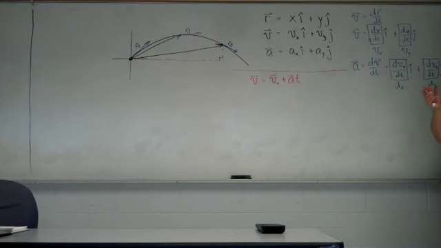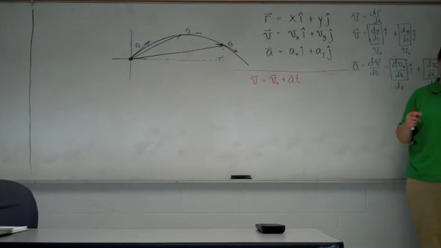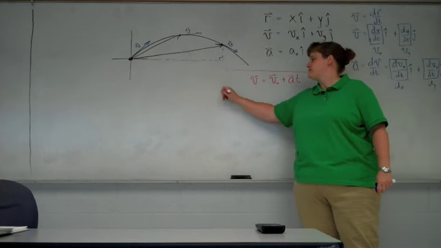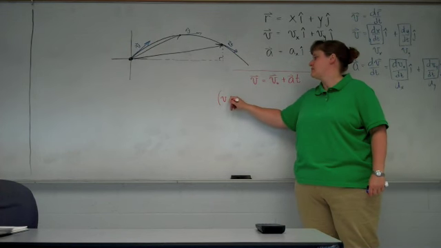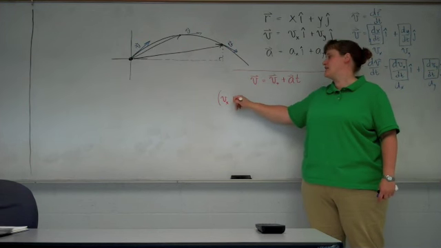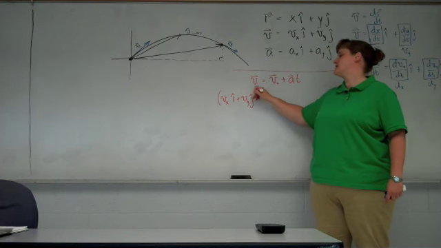So that means we need to write the velocities in terms of their x and y components. We need to write the acceleration in terms of its x and y components as well. If we do that, so we have a final x component of velocity in the x direction. We have a final y component of velocity in the y direction.